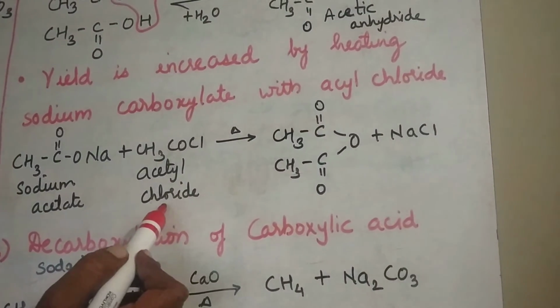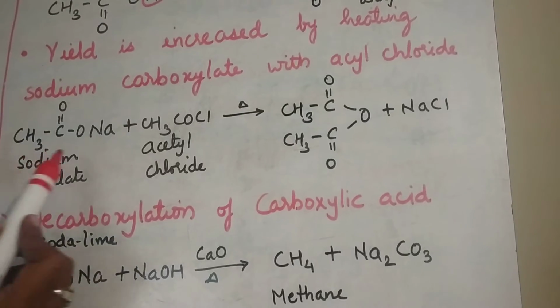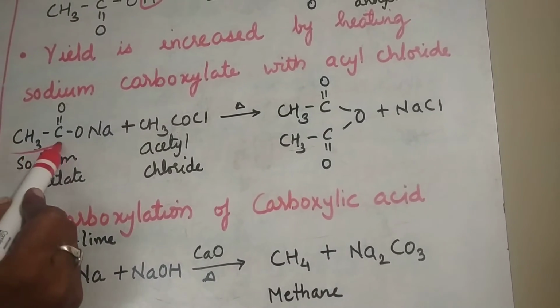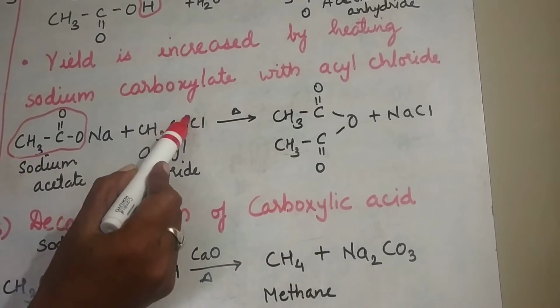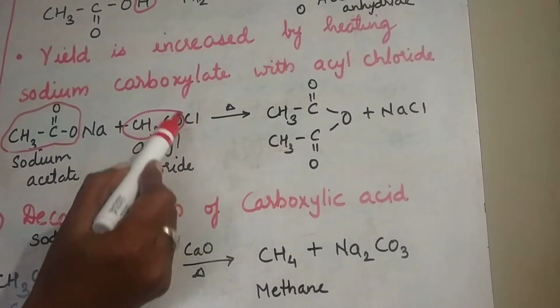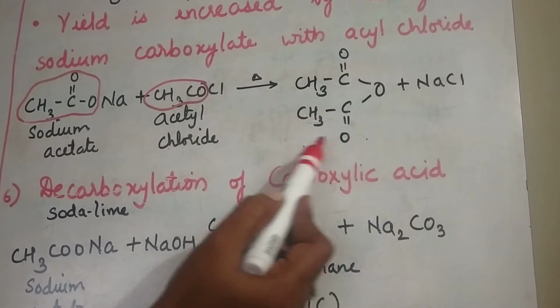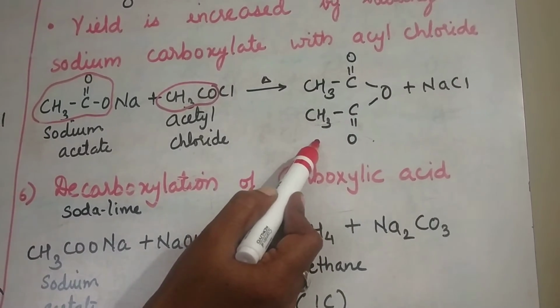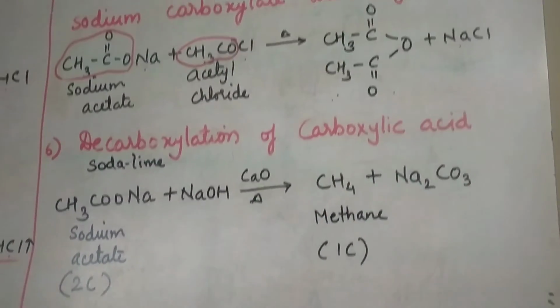We have done this in 11th also. When they are heated together, CH3COO from sodium acetate and CH3CO from acetyl chloride combine, forming acetic anhydride. This is acetic anhydride here. The remaining NaCl is formed as a byproduct.